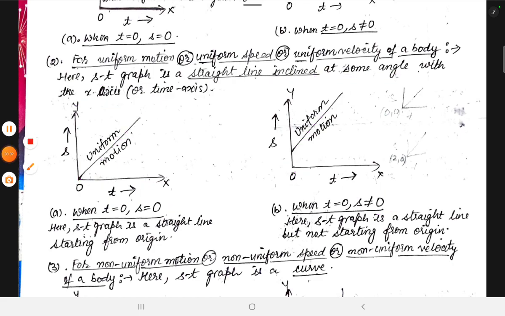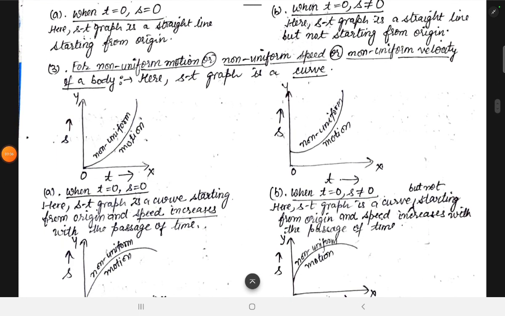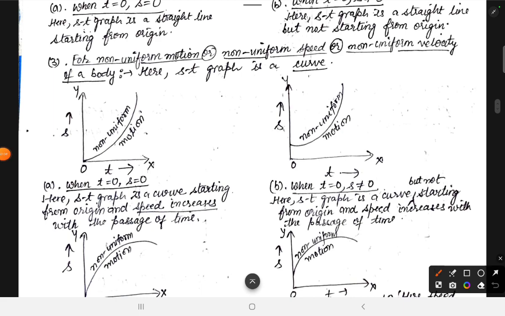Another, for non-uniform motion. For uniform motion you will always get a slope as you just now saw. For non-uniform motion or non-uniform speed or non-uniform velocity, it will always be a curve like this.